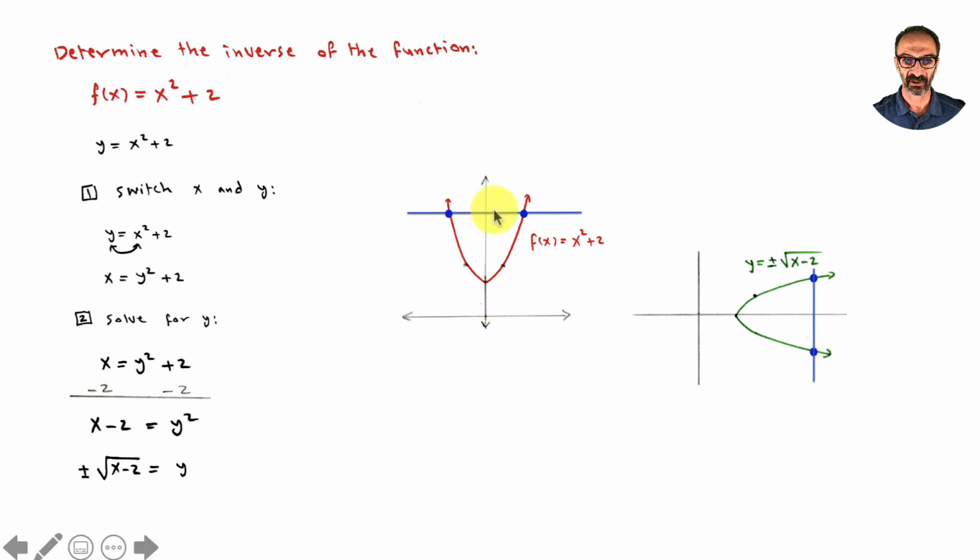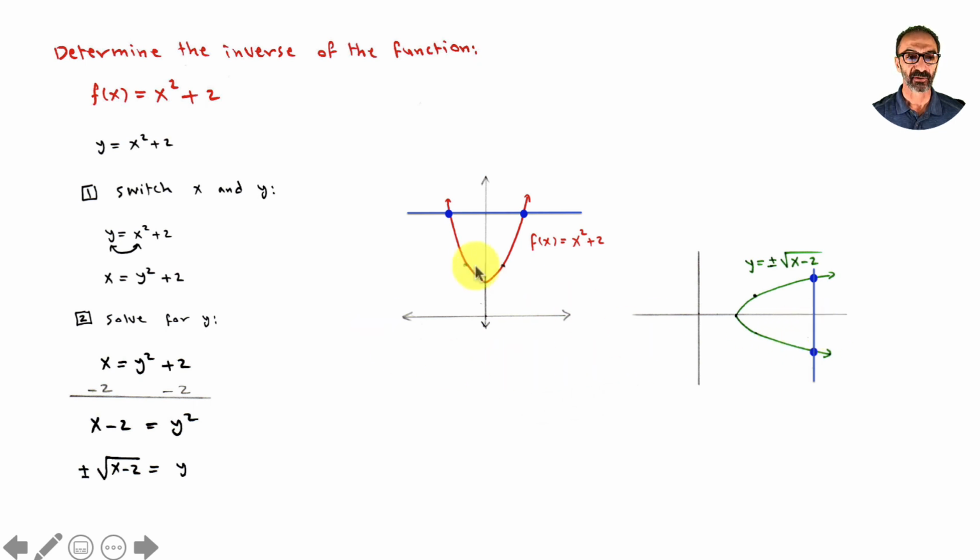You see the horizontal line right here? That says this function is not invertible and it's not one-to-one. This right here, we have a vertical line test that says this graph is not a function. It's an inverse relation, but it's not a function.